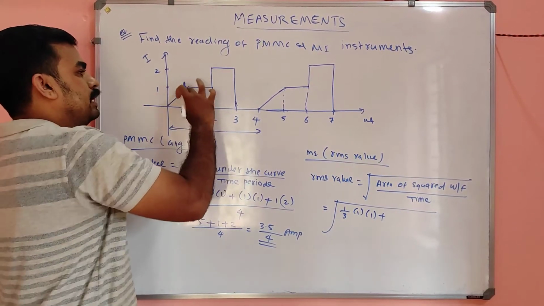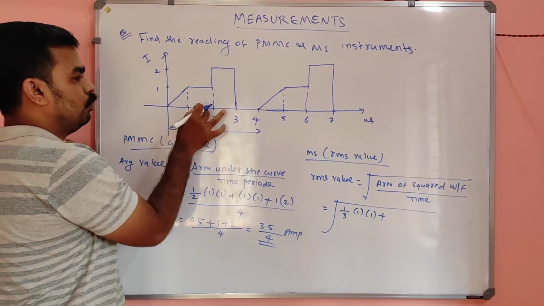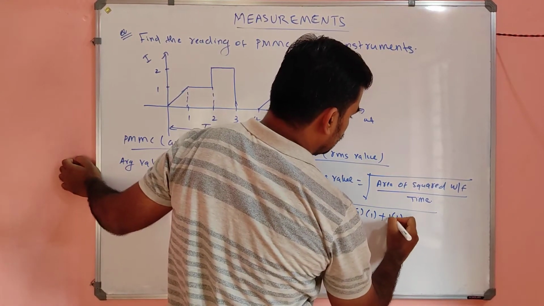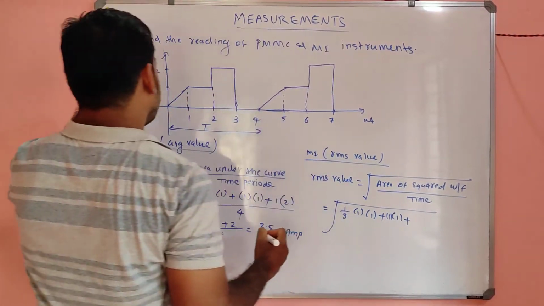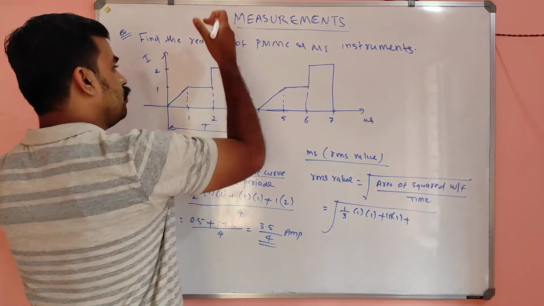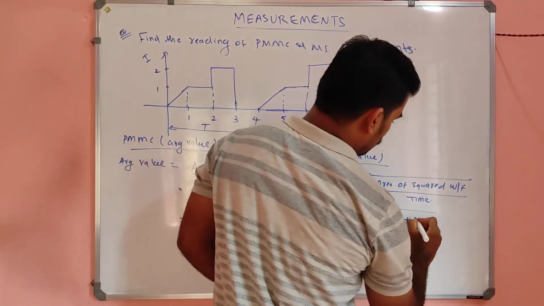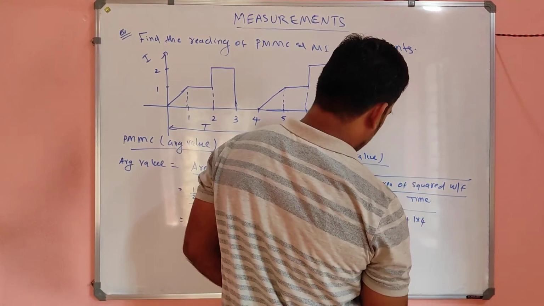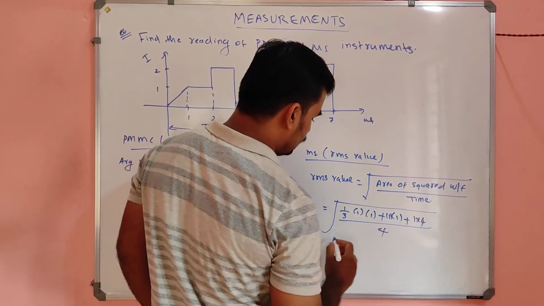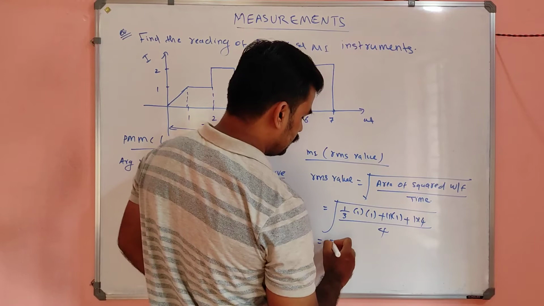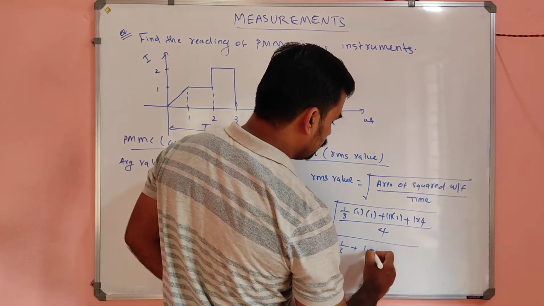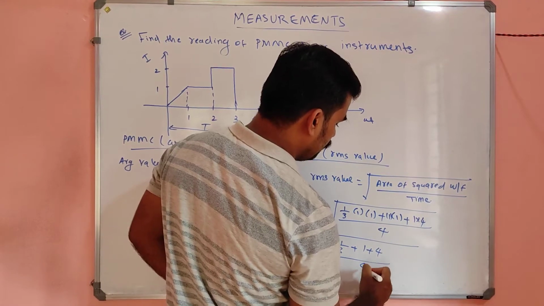If you square this, 1 square means 1, and the length also 1, so 1 into 1, plus again this is a rectangular. If you square this, 2 square means 4, so 1 into 4, whole divided by the time period, again 4. There is no change in that. So it will become root of 1 by 3 plus 1 plus 4, divided by 4.